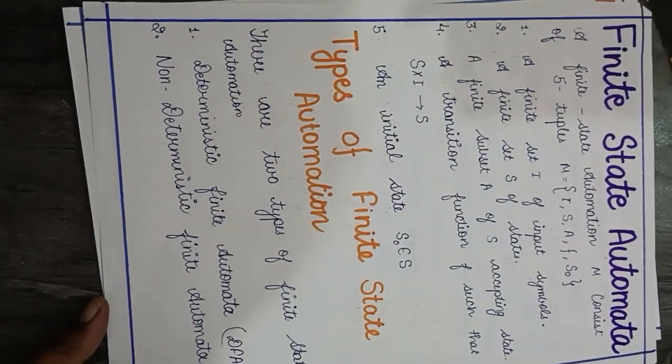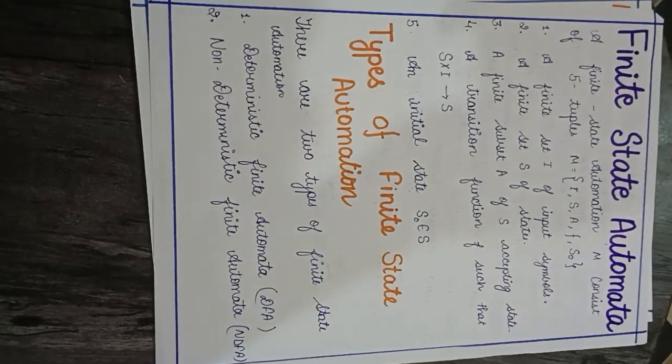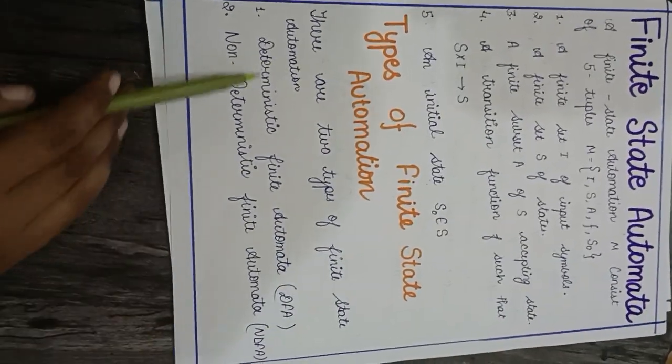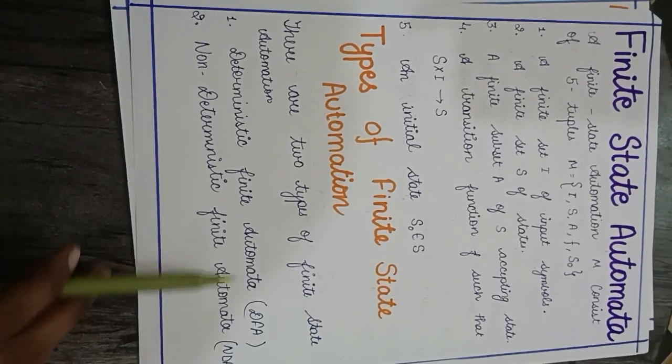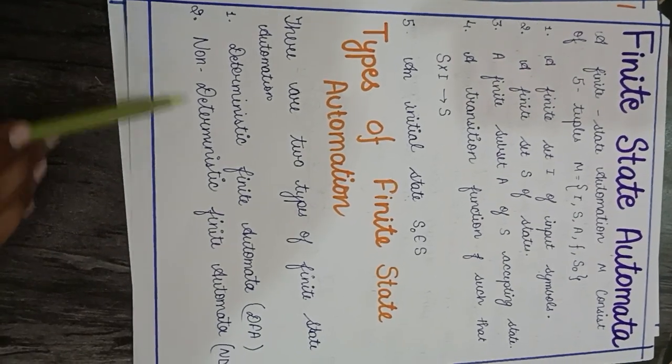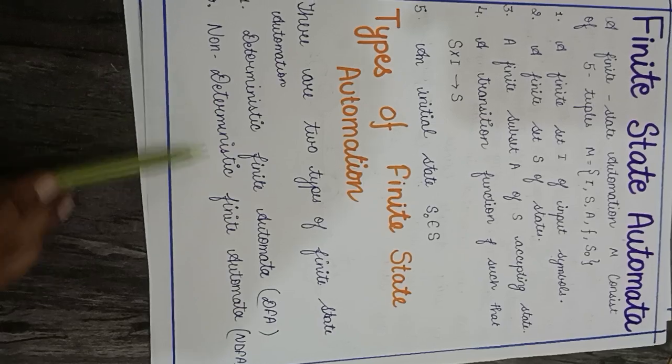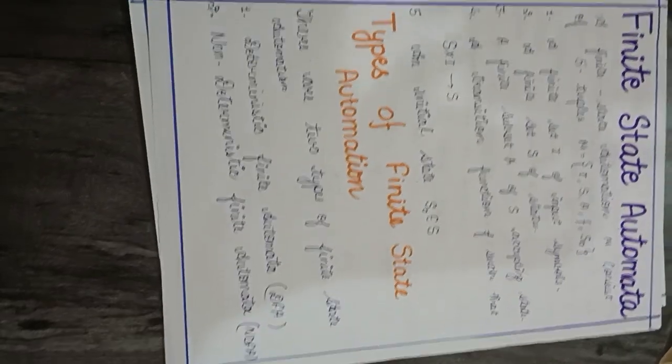There are two types of finite state automata, that is DFA and NFA: deterministic finite automata and non-deterministic finite automata.